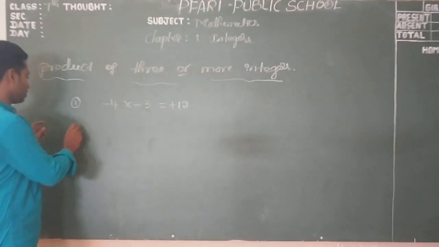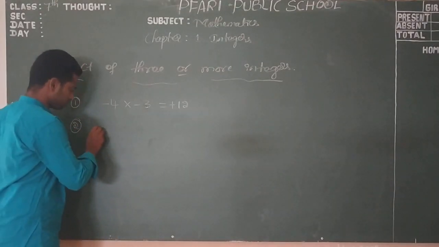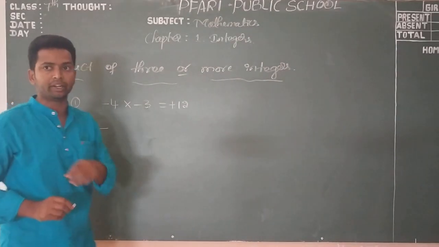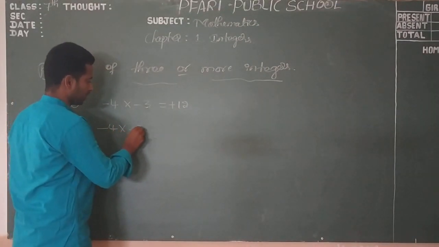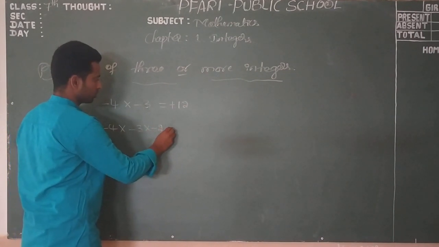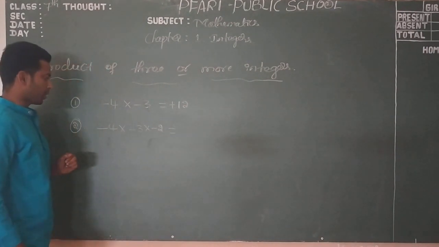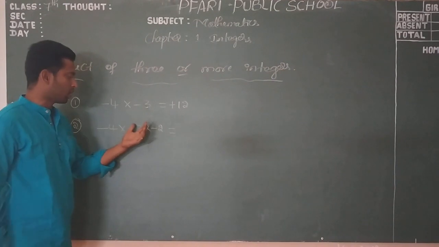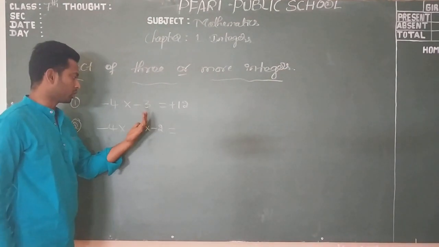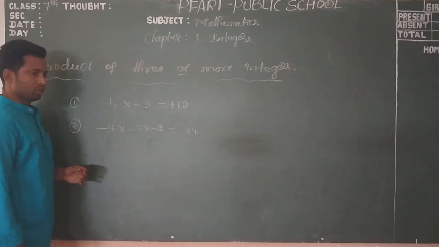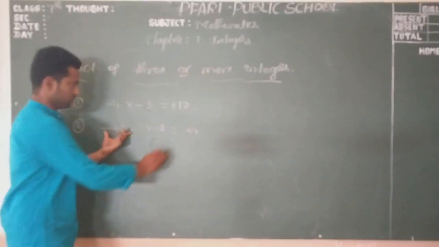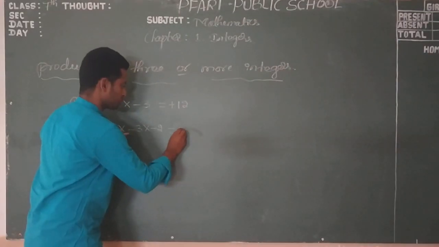Likewise, now I am going to take one more negative integer: minus 4 into minus 3 into minus 2. The product of the whole numbers: 4 times 3 is 12, 12 times 2 is 24. Here, a small correction.